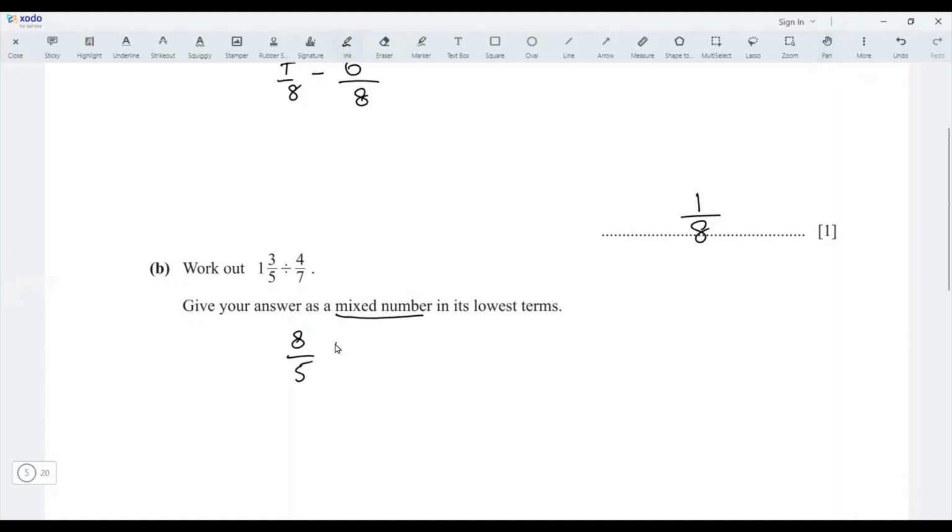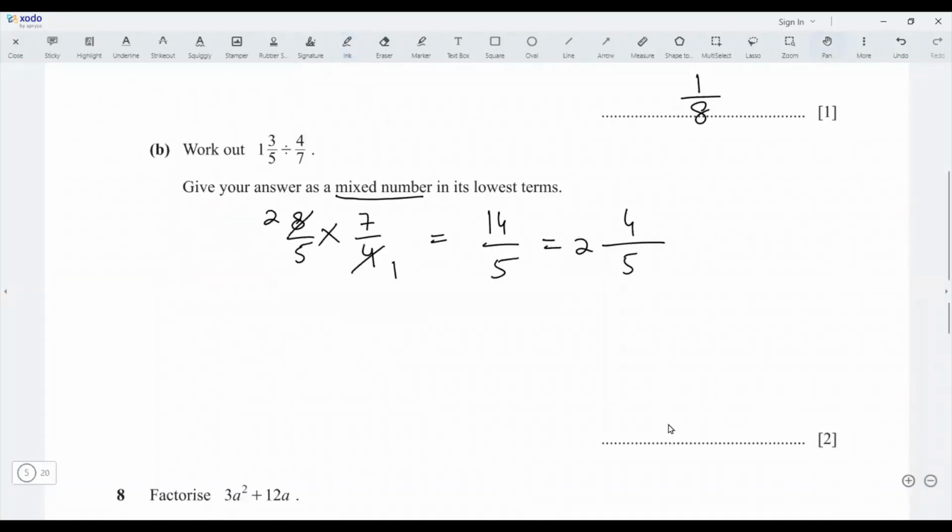The division sign will be changed into multiplication, and 7 will be written in the numerator and 4 in the denominator. Now we can cut 4 one time and 4 two times. So 7 times 2 is 14 and 5 times 1 is 5. So as a mixed fraction, we can write it as 2 whole 4 by 5. So this is the answer, 2 whole 4 over 5.